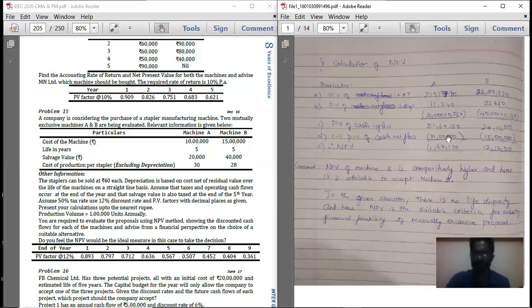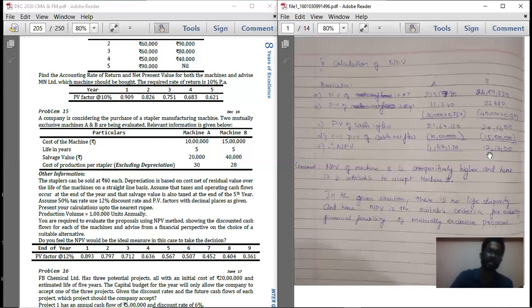So now total it. In the machine A column, 21 lakh 67,130 minus 10 lakhs, you are getting 11 lakh 67,130. Underline it. And for machine B also total it: 27 lakh 12,010 minus 15 lakhs, you are getting 12 lakh 12,010.